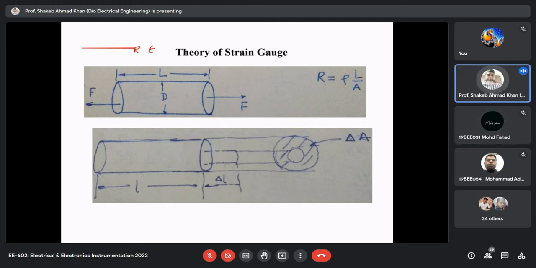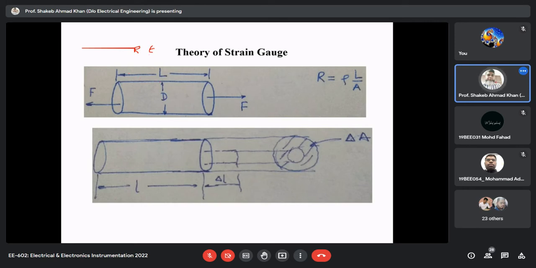Okay. So now, as you know, a strain gauge is a piece of wire. Now we are taking a piece of wire, and you know there is no strain without stress, from Hooke's law.